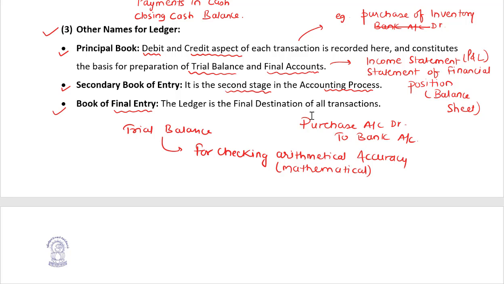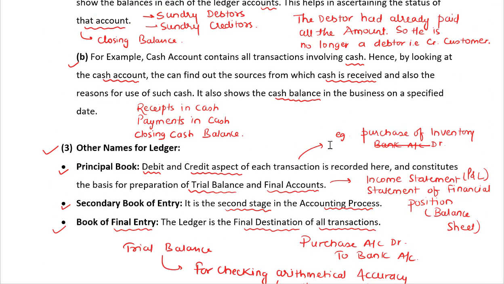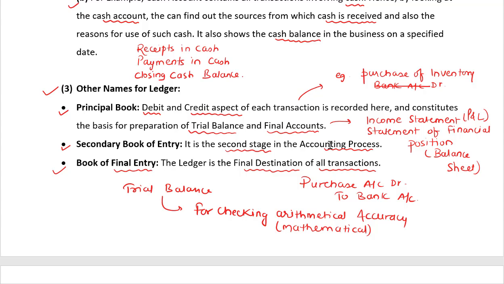The ledger is the final destination of all transactions. So, what is the final destination of all the transactions? The final destination is ledger posting, that is ledger books. If you are clear till here, we could move ahead now.